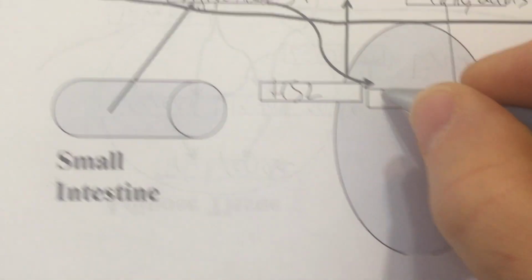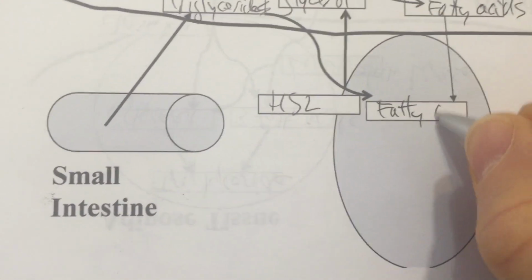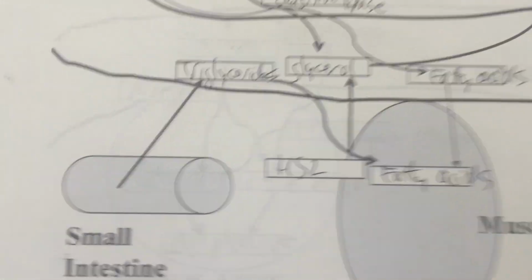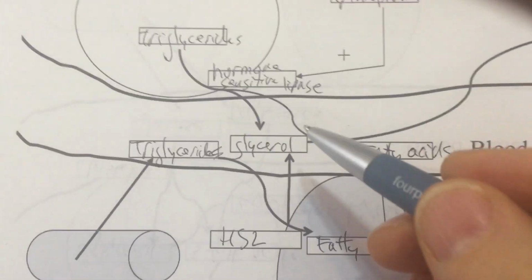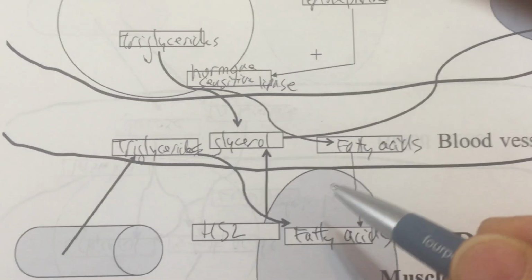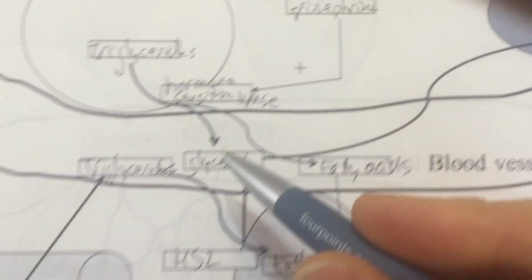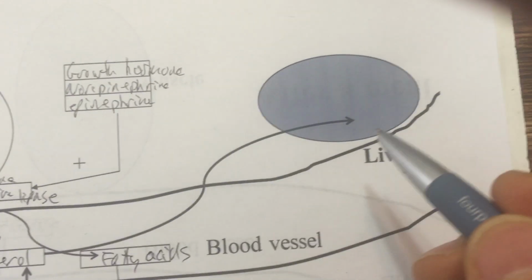The fatty acids can be taken up by the muscle. From there, they go into the mitochondria, where they can be broken down and used as a fuel source. You can see you have this glycerol. The glycerol cannot be taken up by muscle, but the glycerol can go to the liver.